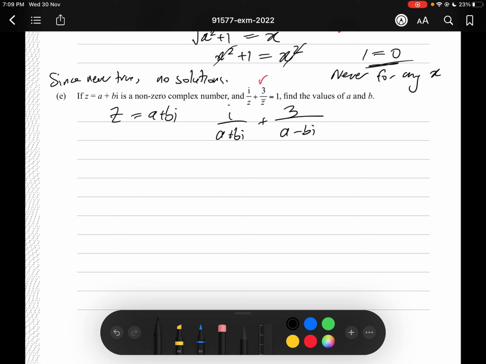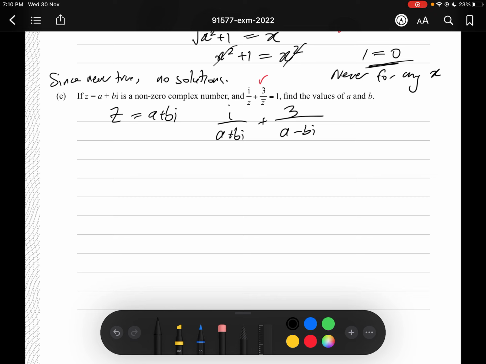Usually, if we wanted to multiply by the conjugates, we would do each one of these individually, multiplying by a minus bi, and a plus bi for the a minus bi. But notice that for these two fractions, the denominators are the conjugates of each other. So a really easy hack is just adding these two fractions as if you're adding any two fractions.